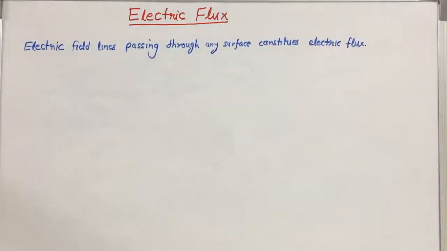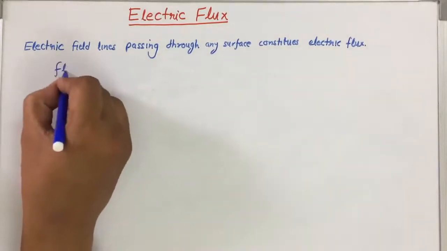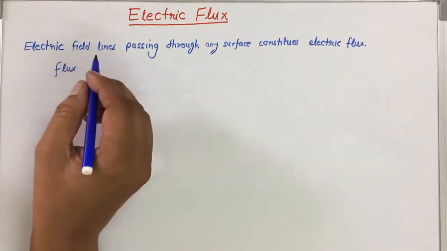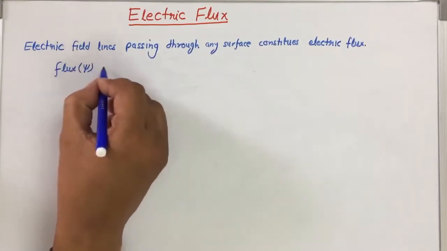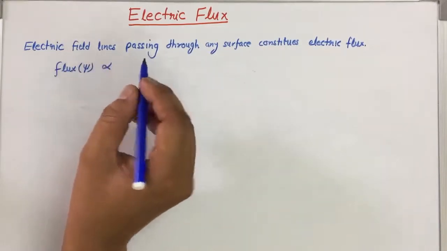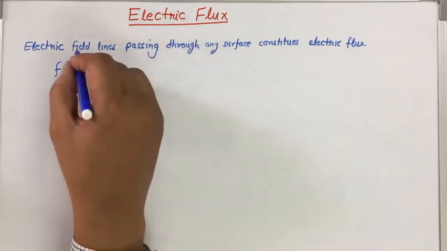Okay, in this way flux, that is represented by phi, is directly proportional to the number of lines.